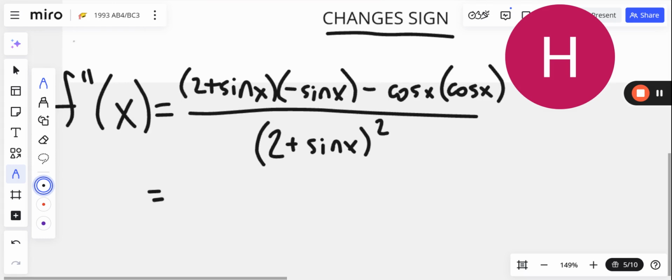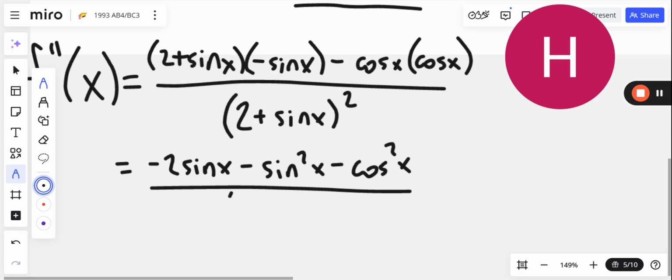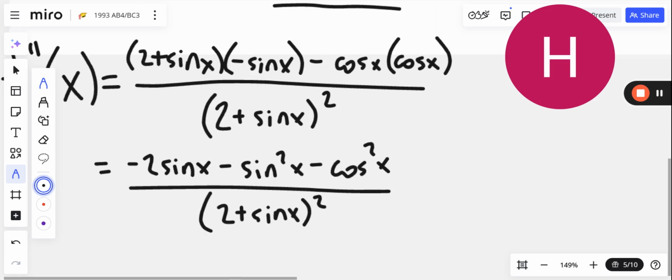Let's simplify this a little bit. It's going to come out to be pretty nice. We're going to end up with negative 2 sine of x, negative sine squared of x, negative cos squared of x, over 2 plus sine of x squared.